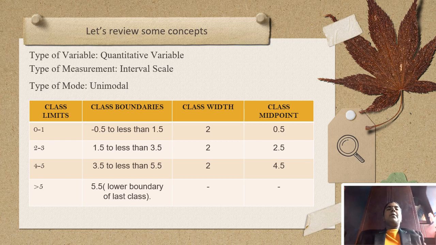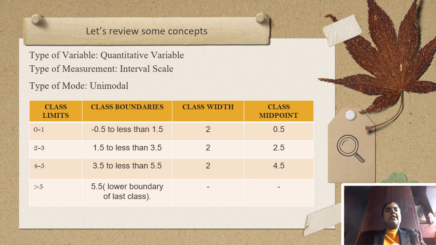The first is the type of variable. It is a quantitative variable because the data represents amounts or numbers. The next is the type of measurement. This is an interval scale because it quantifies the value between two numbers. The next is the type of mode, which is unimodal because it only has one biggest amount.